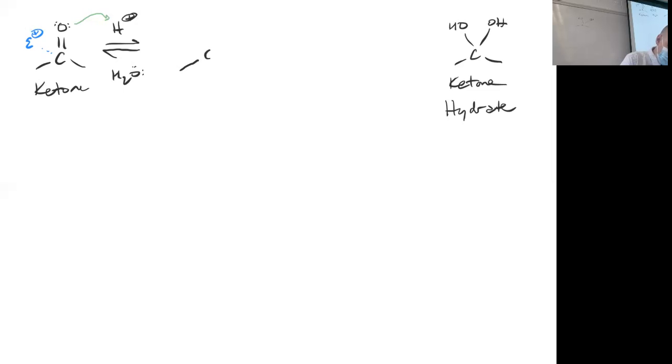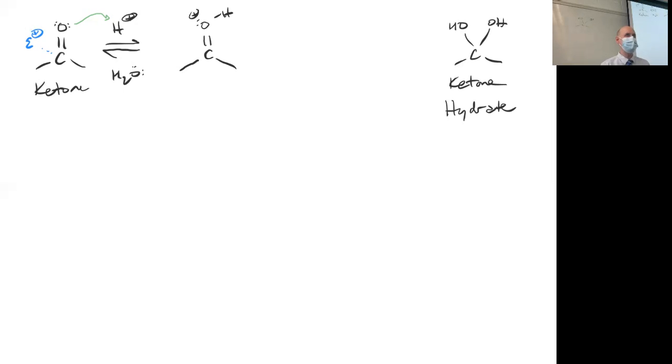So let's compare and contrast the ketone versus our protonated ketone right here. Putting yourself in the shoes of a ketone, why is that carbon electrophilic? What do you think, Chloe? It wants more electrons. Why does it need more electrons?